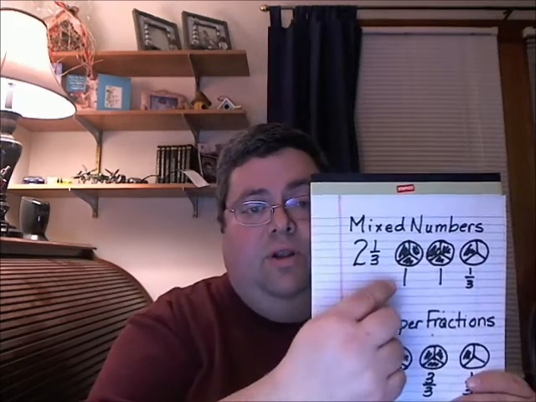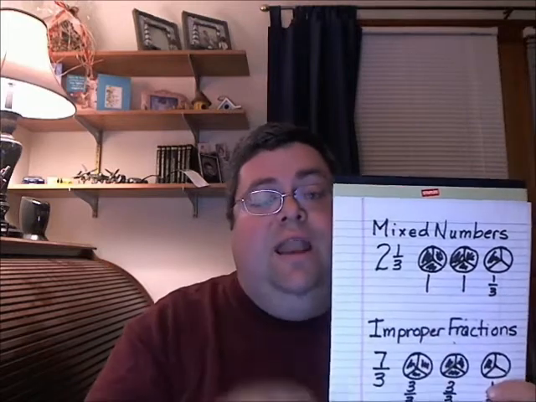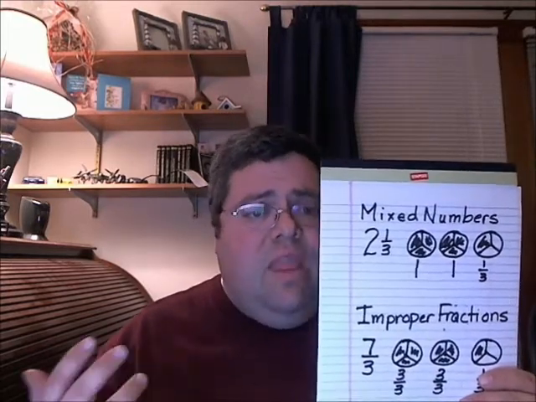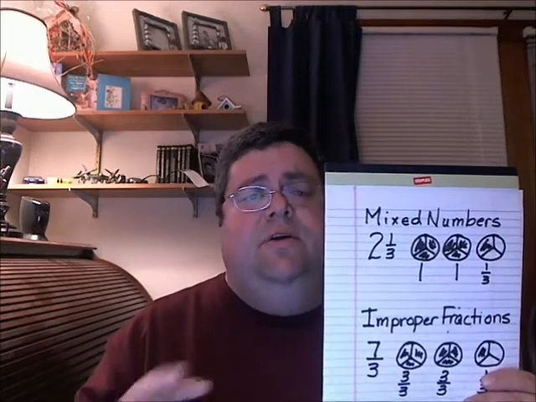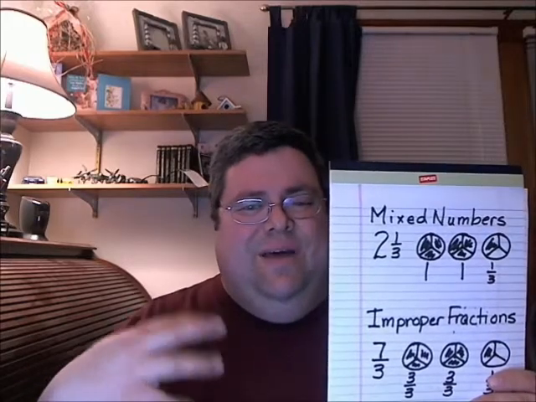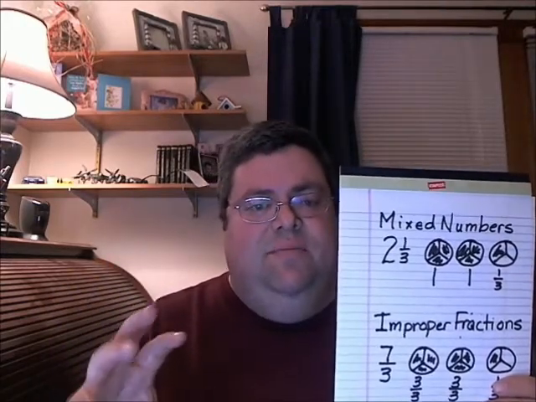So I have the whole number 1, whole number 1, and then the simple fraction, actually the unit fraction, 1/3. To represent that as a mixed number, and it's mixed because I have the whole number and a fraction, two things that aren't exactly the same put together.